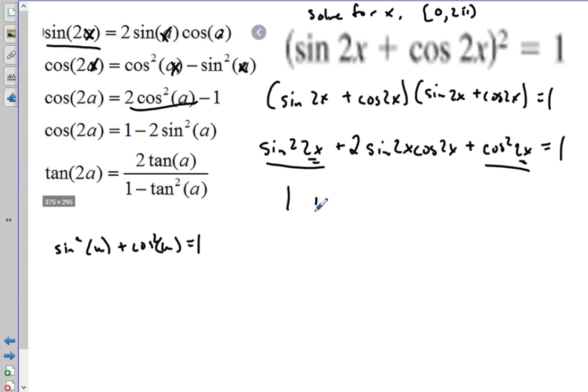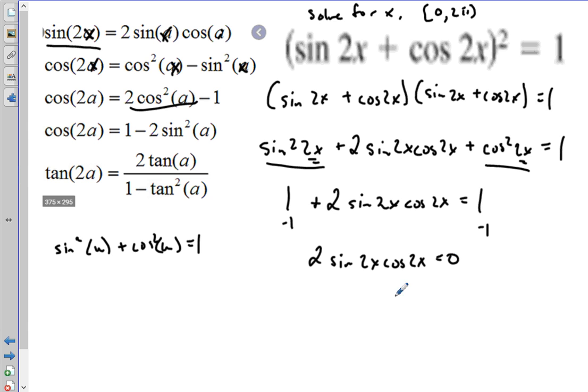So we have 1 plus 2 sine of 2x cosine of 2x, and that's going to equal 1. We're going to subtract the 1 from both sides. So now we have 2 sine of 2x cosine of 2x equal to 0. I'm going to divide by 2, so now we have sine of 2x cosine of 2x equal to 0.